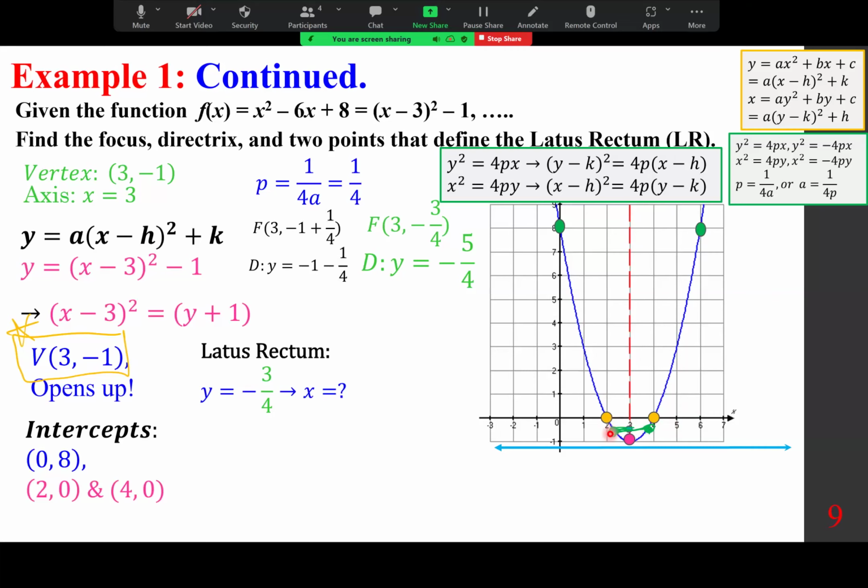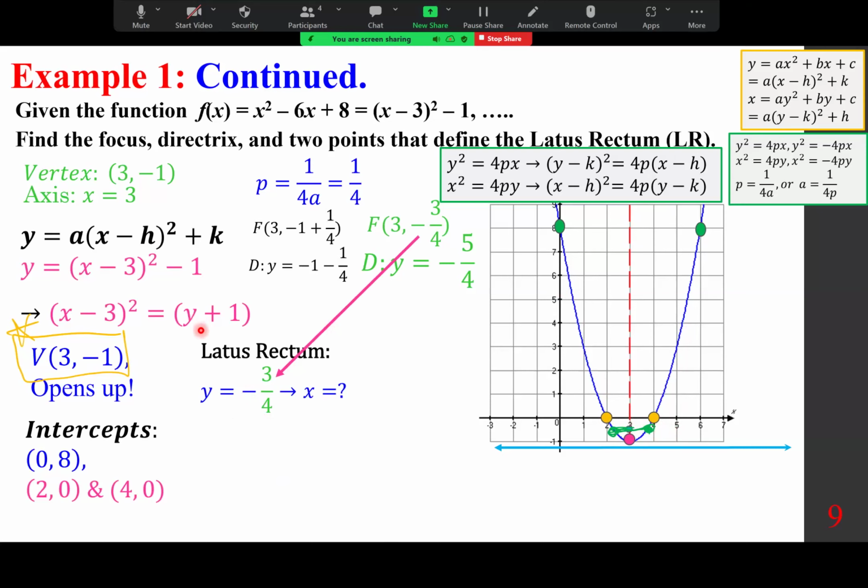So what is the x coordinate here? I don't know. What is the x coordinate here? I don't know. But the y coordinate for both of them is the same as the y coordinate of the focus. The focus has the y coordinate negative 3/4. So all you have to do, into the equation of the parabola, because it is on the parabola, let y be negative 3/4.